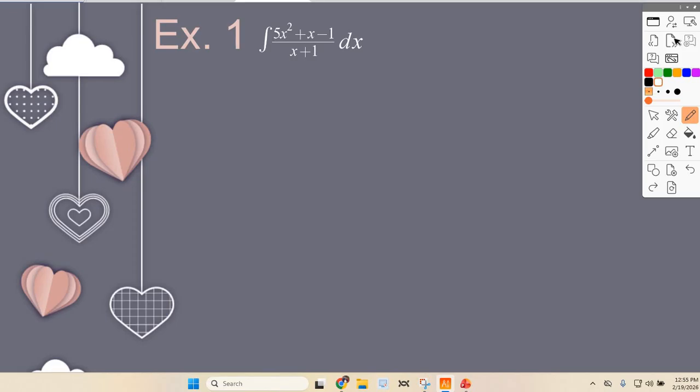But what I can do is simplify first. So again, what's going to go on the inside for my long division? The numerator, our 5x squared plus x minus 1. And then our x plus 1 goes down the side. So then again, what do I need to multiply x by to get 5x squared?